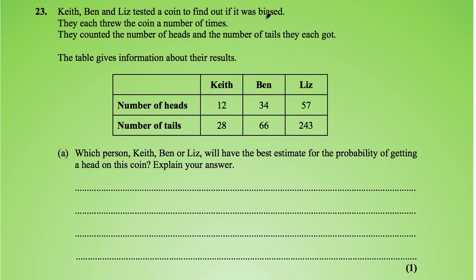But the point is that this could be a biased coin, and whenever you're asked who has the best estimate, we're thinking about who did the best experiment. And the answer is Liz did the best experiment, even though the results are not what you'd expect for a fair coin. We're not necessarily talking about a fair coin. We're probably talking about a biased coin. And she's done the best experiment because she's done the test the most times. So the answer here is that Liz will have the best estimate.